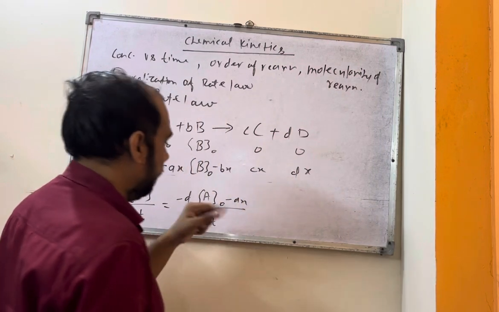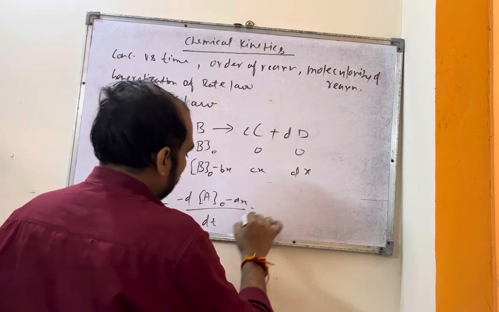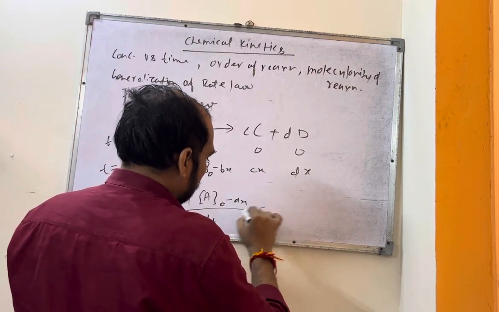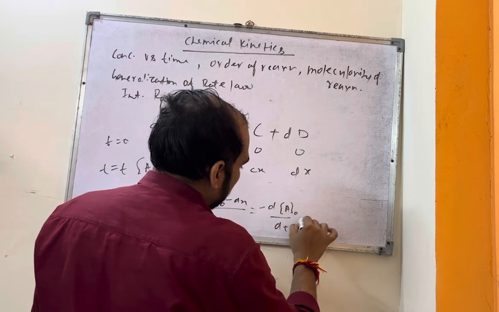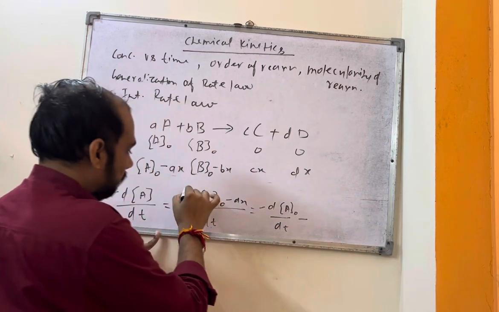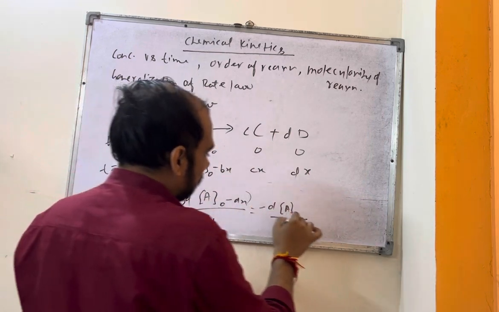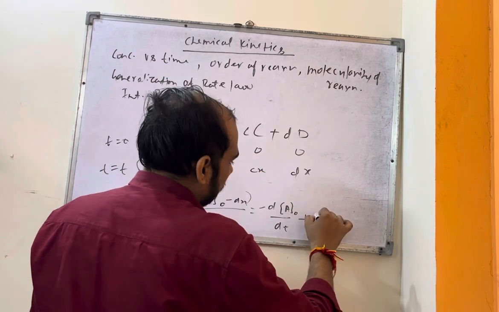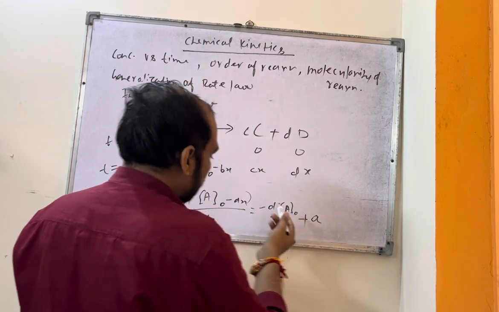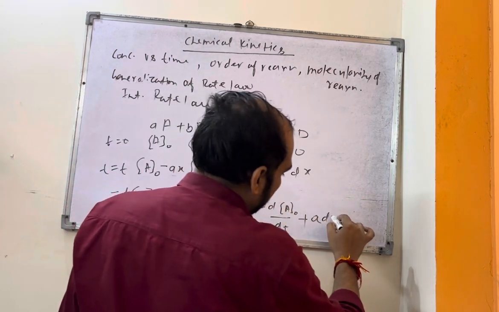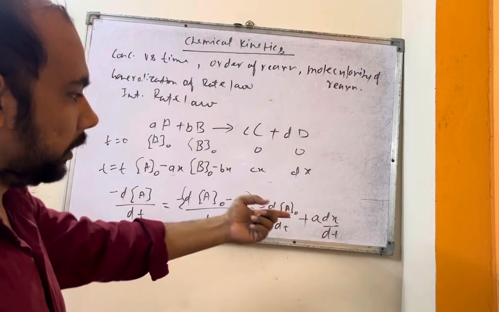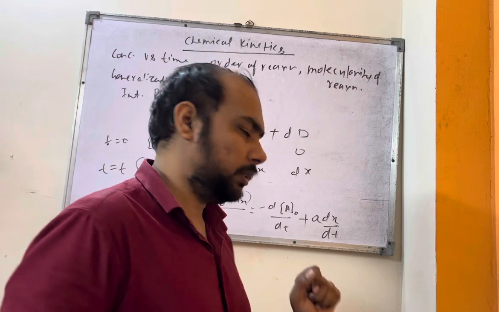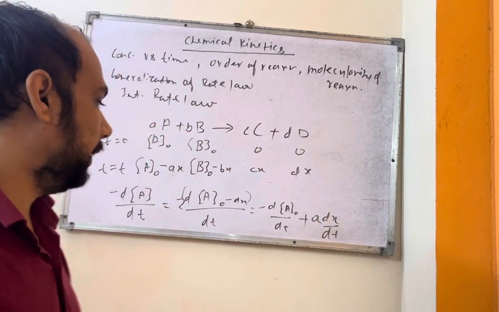Now it will be minus dA0 by dt plus, since a is constant, it will come out, a dx by dt.